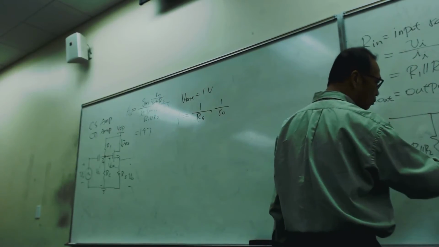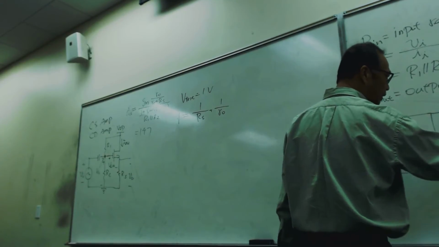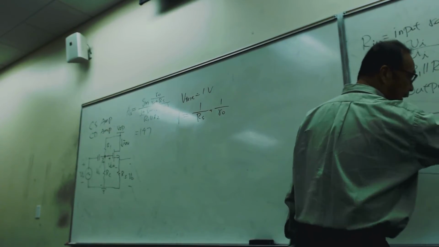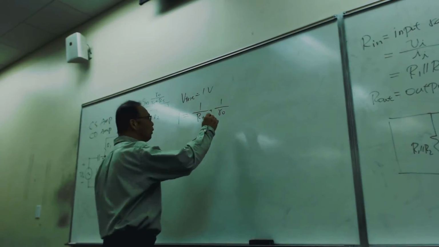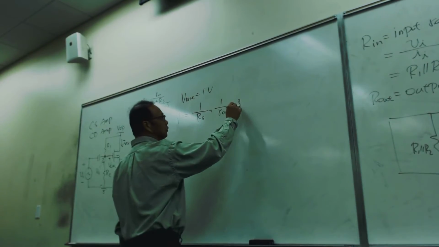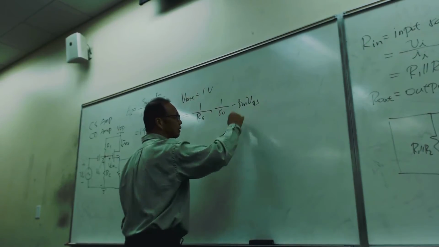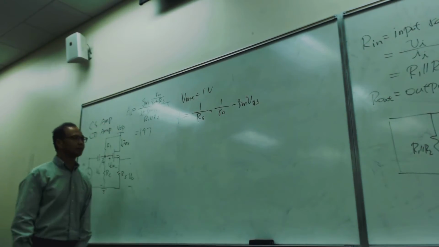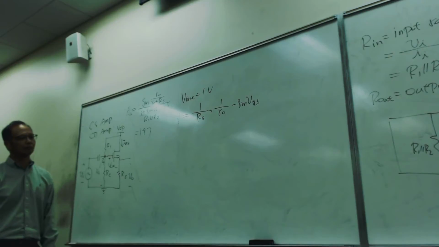Because this is 1 volt. So there's a current here, there's a current here, and this current is entering, so it should be minus GM VGS. All I did was use KCL for the node. It's nothing tricky.